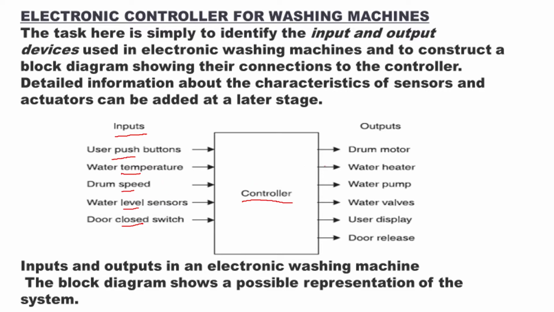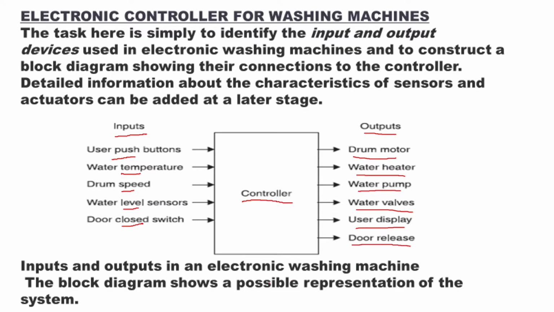According to these inputs, the controller is going to adjust the outputs: the drum motor, the water heater, the water pump, the water valves, the user display, and the door release.